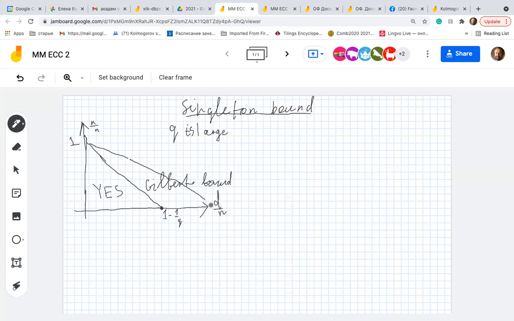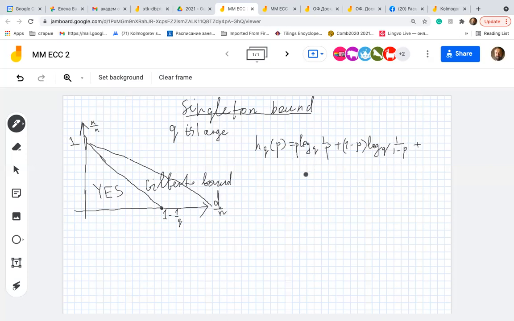And this is because the Shannon function has the following formula. Its value in P is equal to log base Q of 1 over P times P plus log base Q of 1 over 1 minus P times 1 minus P. But when Q is large, this is not important.